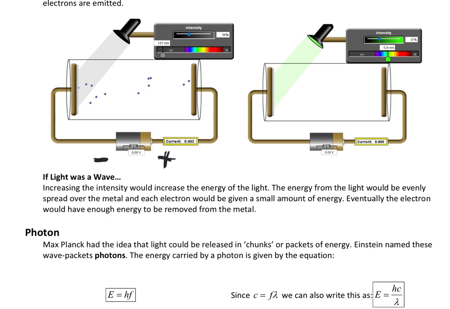So if the intensity increased, then the energy of the electron should increase, and that was not the case. So that's the first point there. Increasing the intensity would increase the energy of the light and eventually the electron would have enough energy to be removed from the metal, and that actually did not happen.